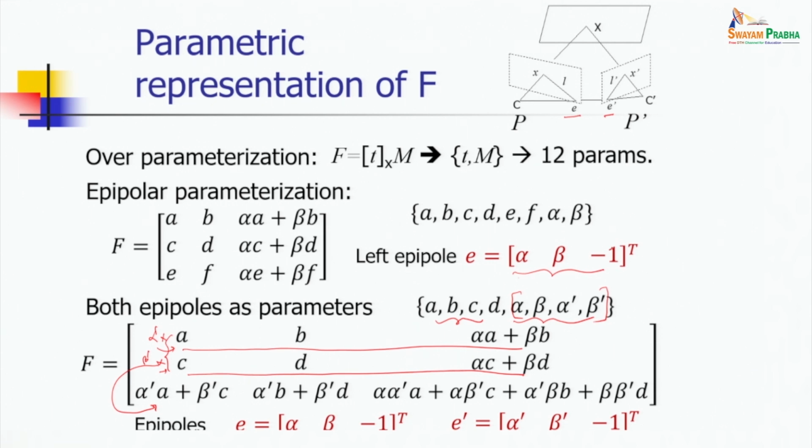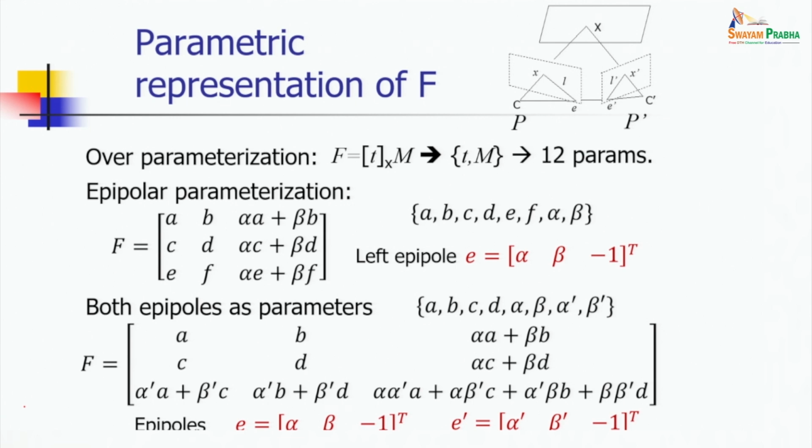So whatever observed image points you have, you basically reverse the signs of the coordinates, and then you can represent them as alpha prime, beta prime as parameters, and represent F. So computationally, you have to only determine A, B, C, D. These are the 4 things, if you already know the epipoles. So these are certain advantages of this parametric representation, which will give you convenience to estimate F.